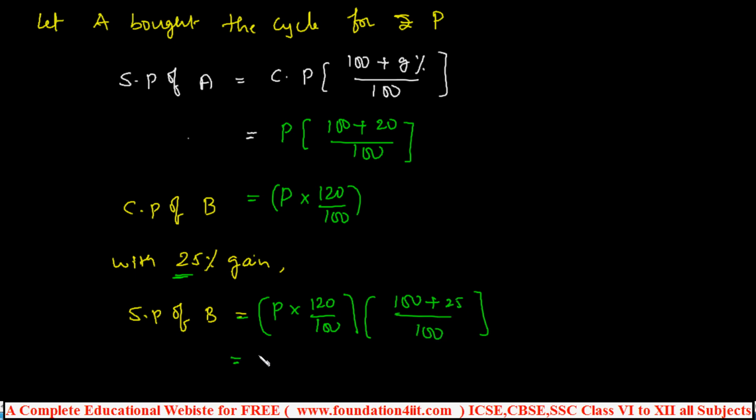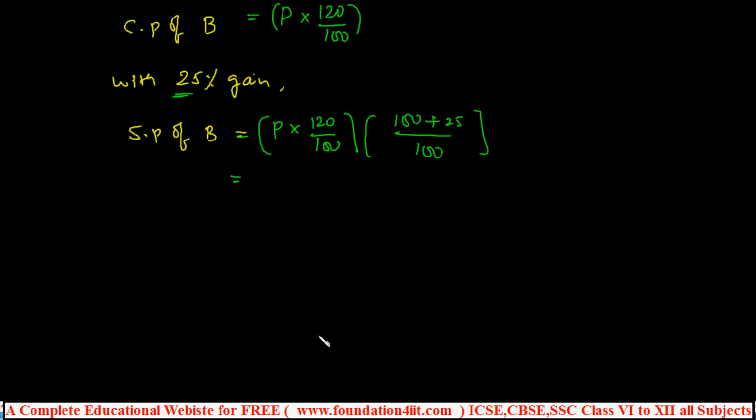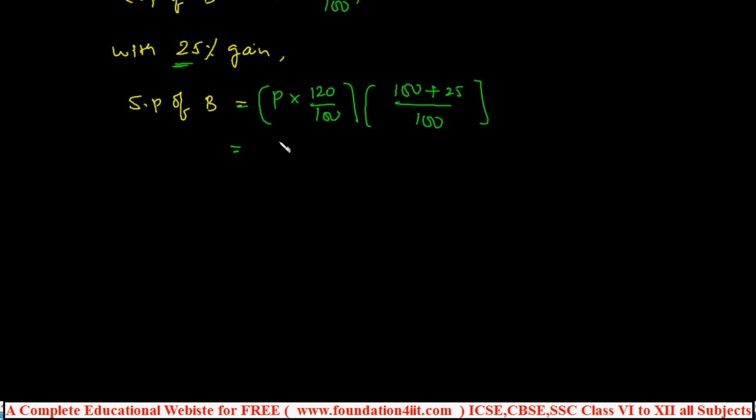This is the selling price of B. Let us simplify: P into 120 by 100 into 125 by 100. So the selling price of B is nothing but the cost price of C.